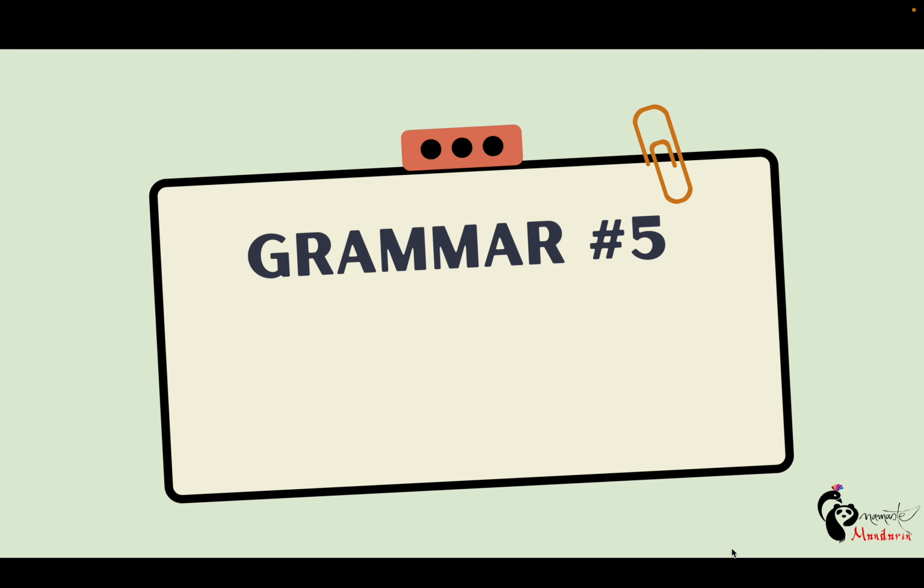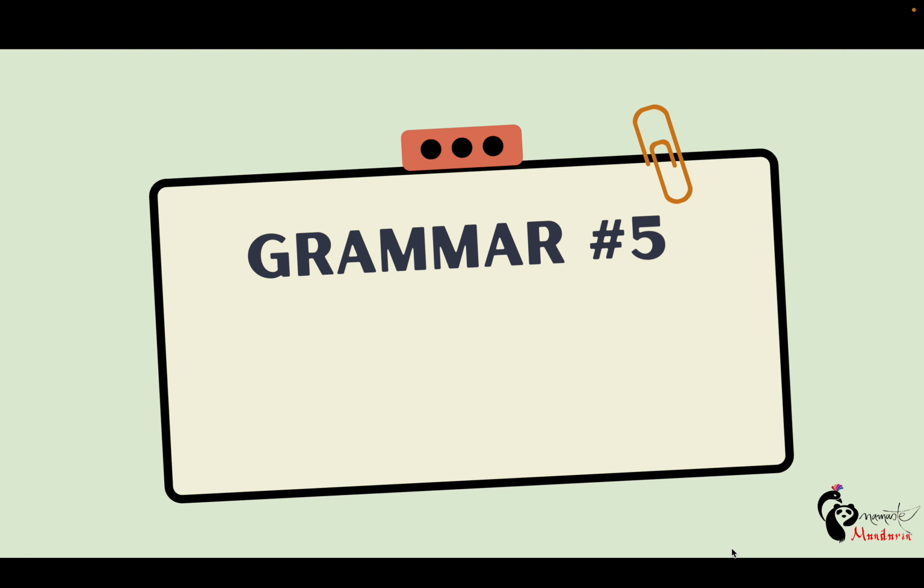This video is after a long time because I was busy with some other projects. But I thought I'll continue making videos on some of the important grammar points which we learn in Mandarin language, and for which many of us get confused when we are learning it as a beginner.